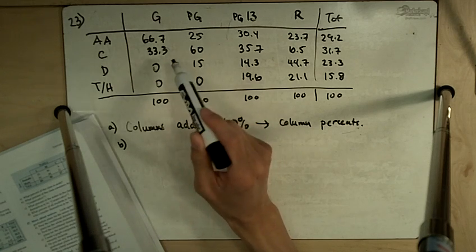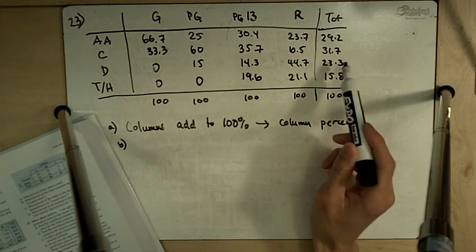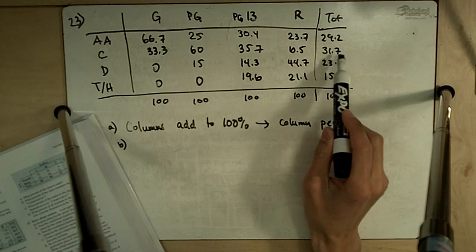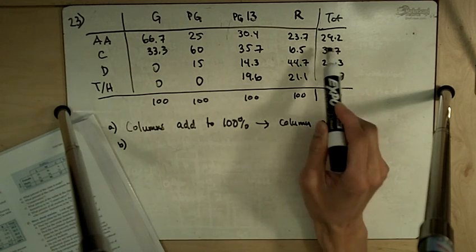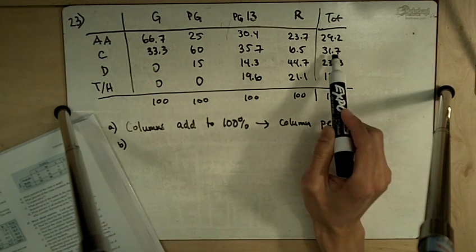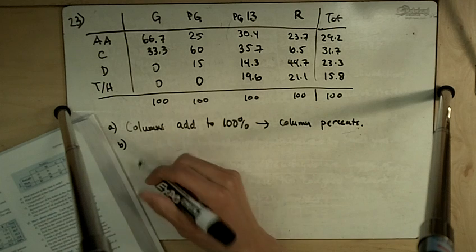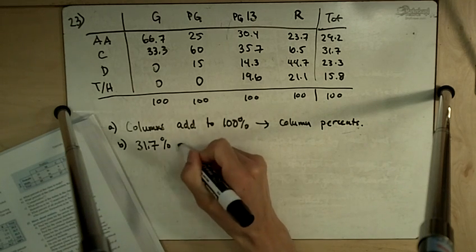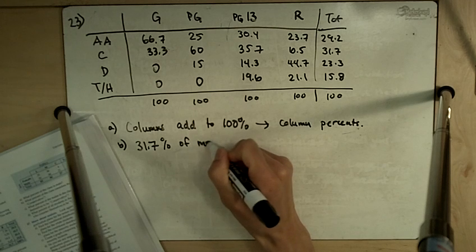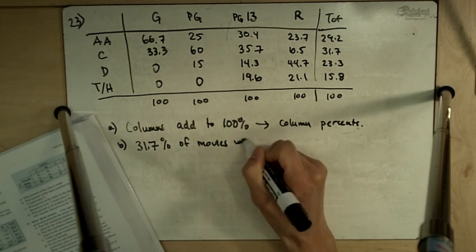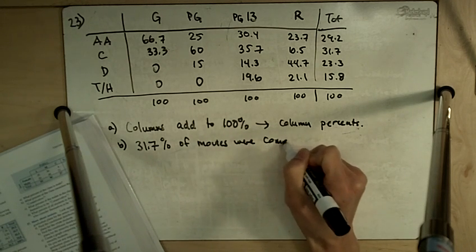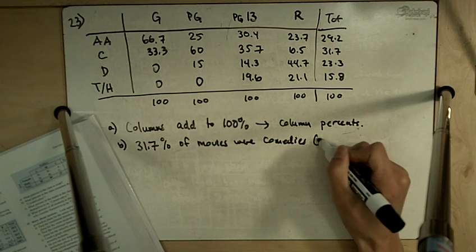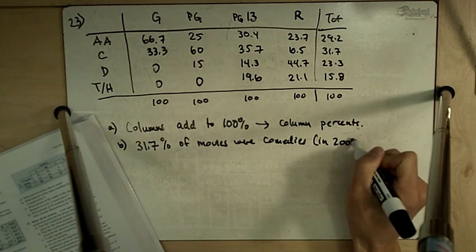We don't know the actual counts. We just know that these are the final percentages, and that the total percentage for the comedies was 31.7%. So the answer here is 31.7% of movies were comedies. Maybe I'll write in 2005.